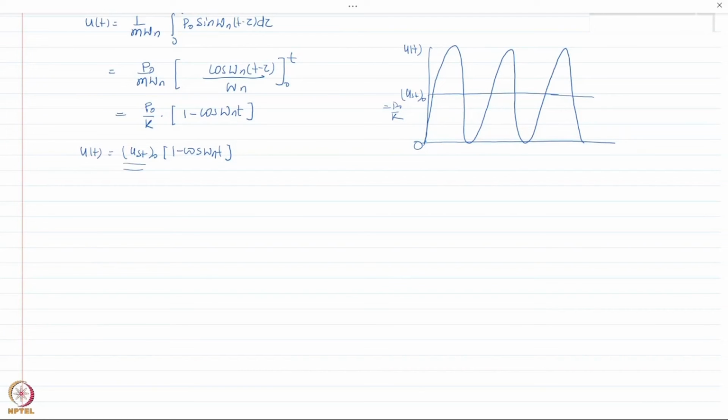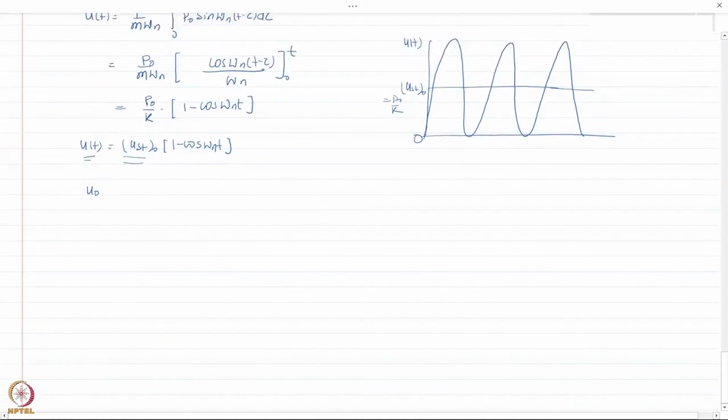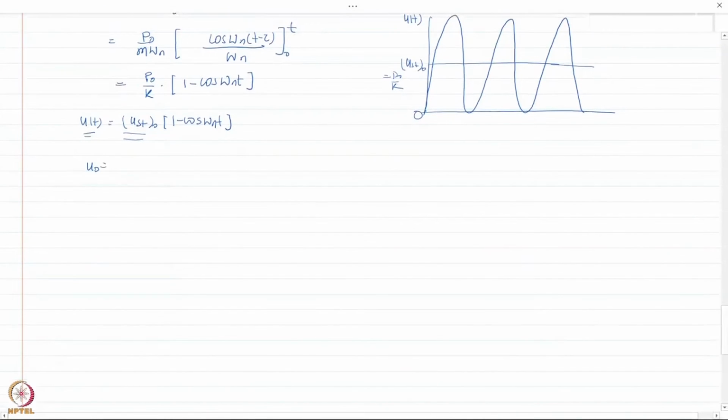Once you know that, let us see the maximum value of u(t), the peak dynamic displacement. As you can see, this function varies with cos omega n t between +1 and -1. So the maximum would be 2 times u_st naught, which occurs when cos omega n t equals -1.